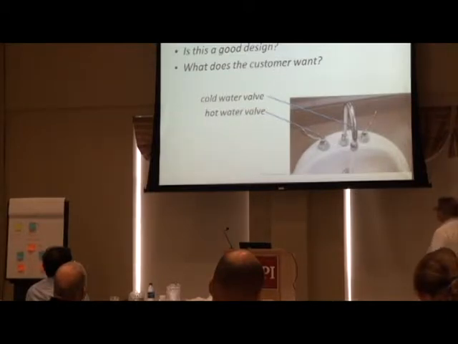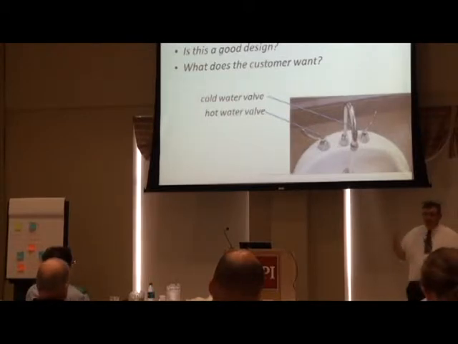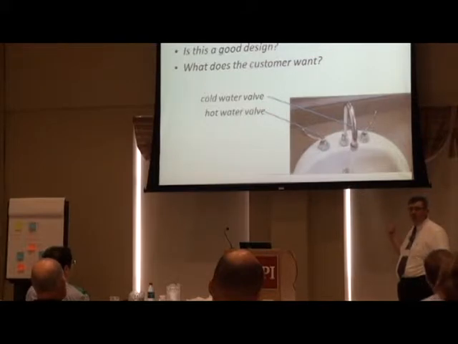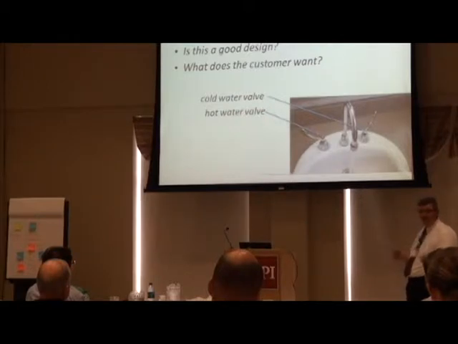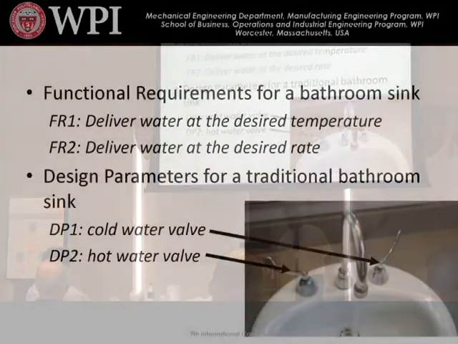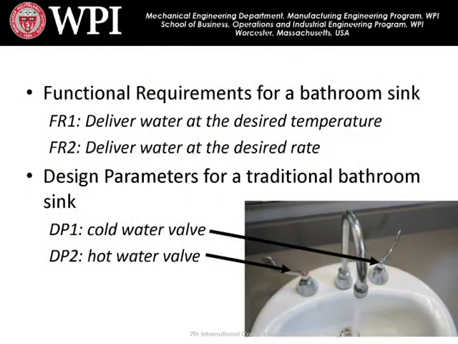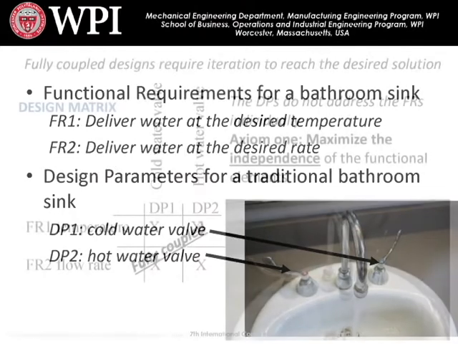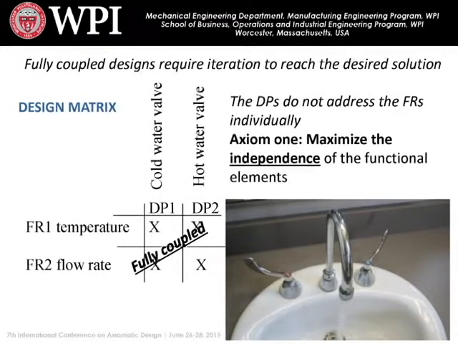This is a simple engineering problem, but if we had a more complex problem, it may be very expensive for us to iterate this. This could be a component inside a machine that makes semiconductor equipment, and we don't want to be iterating to get our flow and temperature right. We want those two things to be independently controlled. We just discussed what the FRs were. If we look at the design matrix for this, the matrix is fully coupled.